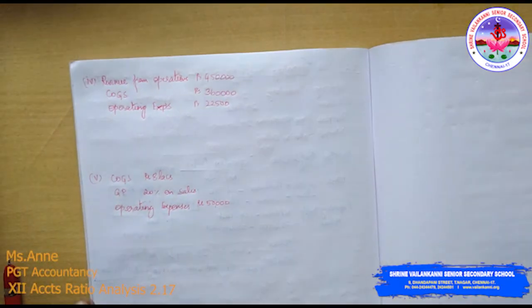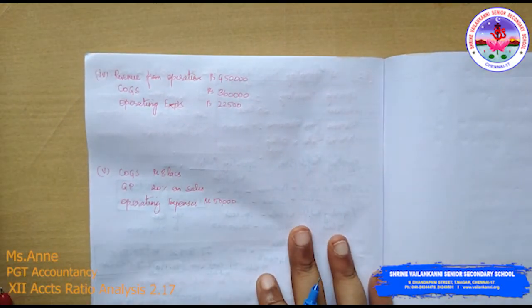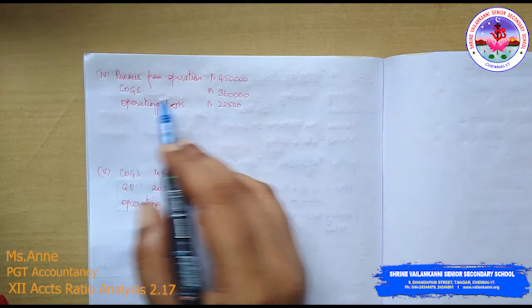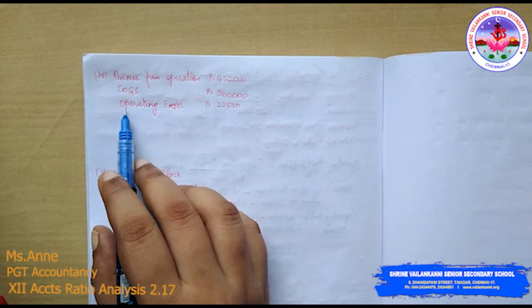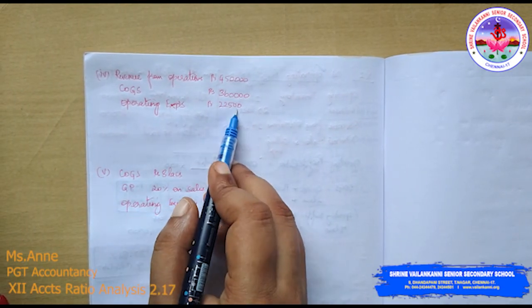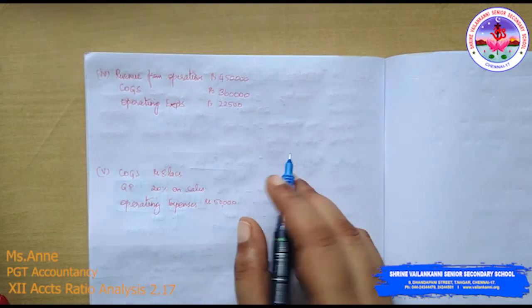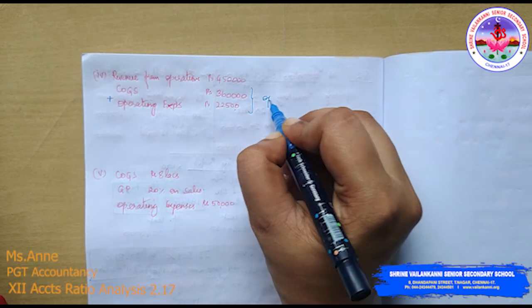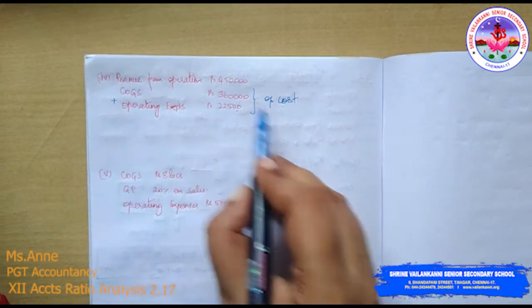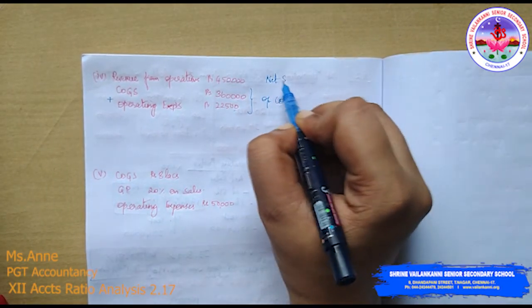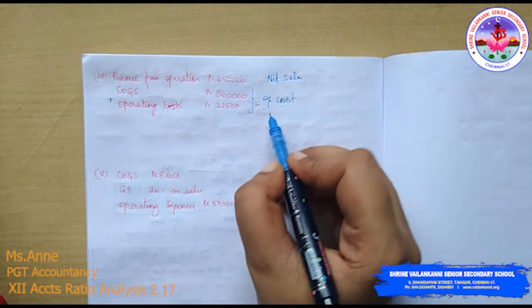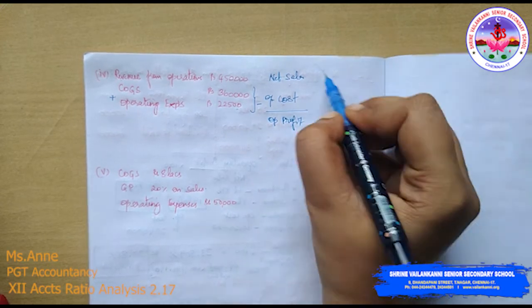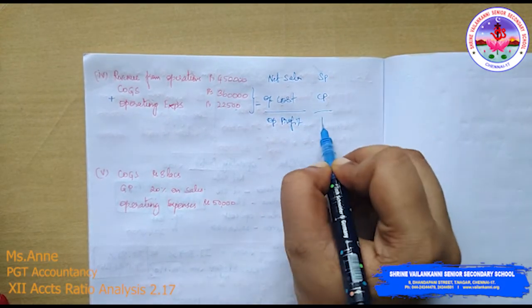The next problem. Revenue from operations is 4,50,000. Cost of goods sold is 3,60,000. Operating expenses is 22,500. I'm sure that you are able to do this, because cost of goods sold plus operating expenses will be operating cost. Revenue from operations, net sales, minus operating cost will give you operating profit, because selling price minus cost price will be profit.